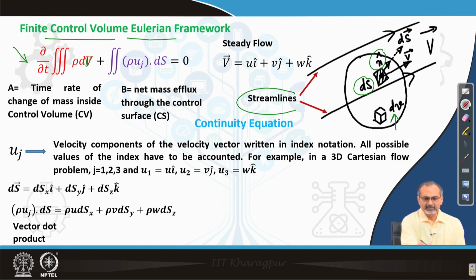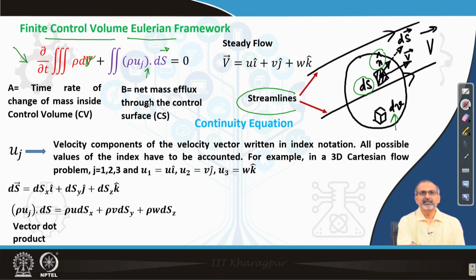This basically is a volume integral, as is indicated by the 3 integral signs, and there is a second term which is called the net mass efflux through the control surface. The control surface basically is the sum total of those elemental areas dS that we have already indicated, and here when you write dS, this is in a vectorial sense, and this is basically a dot product.